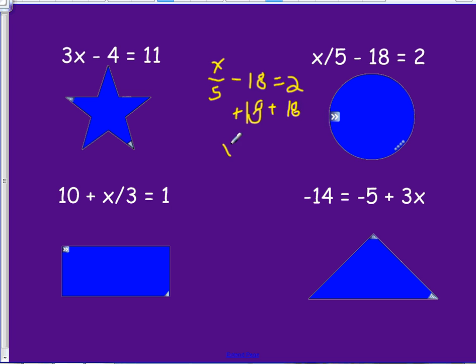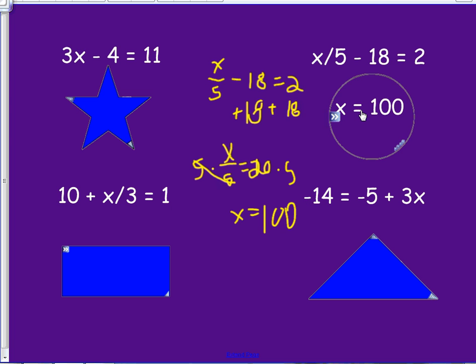Then I'm left with x over 5 equals 2 plus 18, which is 20. Now in this case, x is being divided by 5, so we would multiply by 5 to get rid of it, and x is going to equal 20 times 5, which is 100. Which we will see right there.